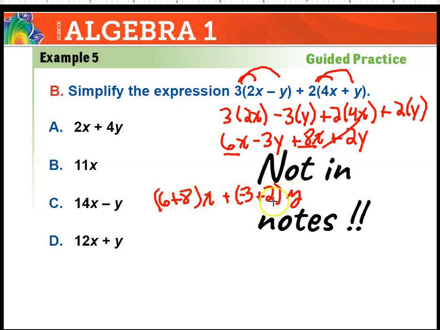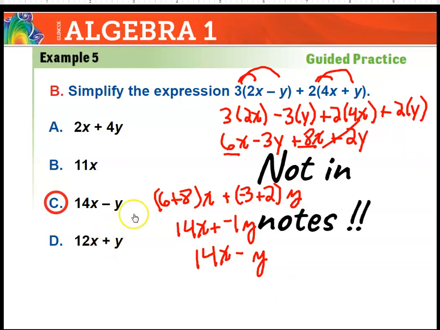Negative 3 plus 2 is going to be a negative y. This gives me 14x plus negative 1y, which is simply 14x minus y. So it should show up here as C. Let's take a look, and the survey says, there you go.